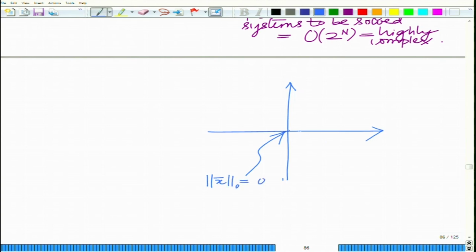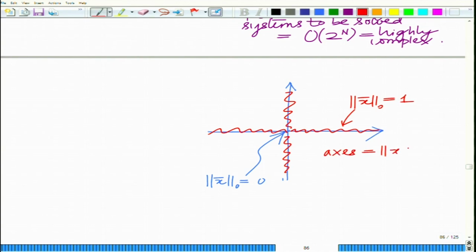Other than the origin, on each axis you have only one non-zero element, so those points have L0 norm equal to 1. The rest of the plane other than the axes and origin has L0 norm equal to 2. So, the set with L0 norm less than or equal to 1 comprises only the axes. If you look at this object, it is highly non-convex.